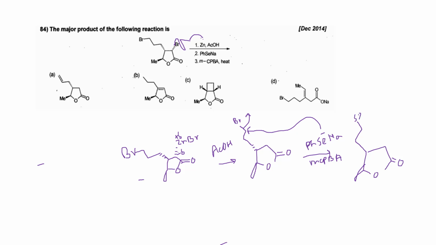Selenium will be oxidized. Now, as we know in the case of selenoxide elimination, as there is an H available, it will take up this H and undergo a syn elimination. So the correct option will be option A. Okay, understood?